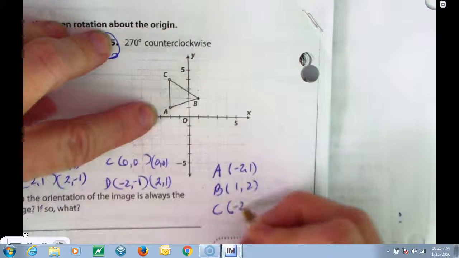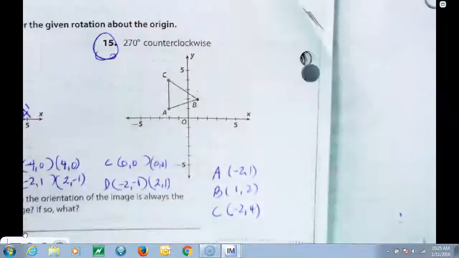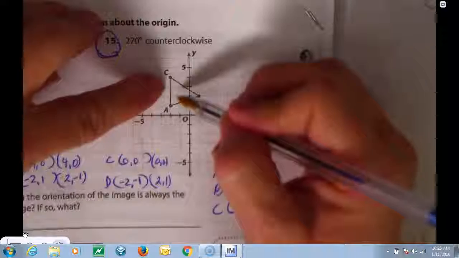Easy? Good. Okay, 15. A, -2, 1, B, and C. Okay, so since we're doing a 270 counterclockwise, we're going counterclockwise. So A and C are in quadrant 2, so they're going to end up in quadrant 1.